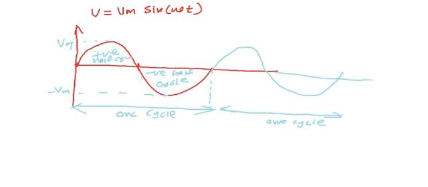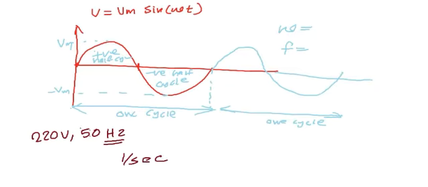Okay, then what is omega? Omega and f. Consider an example. Consider a signal of 220 volt, 50 hertz. What is hertz? Hertz is 1 per second.